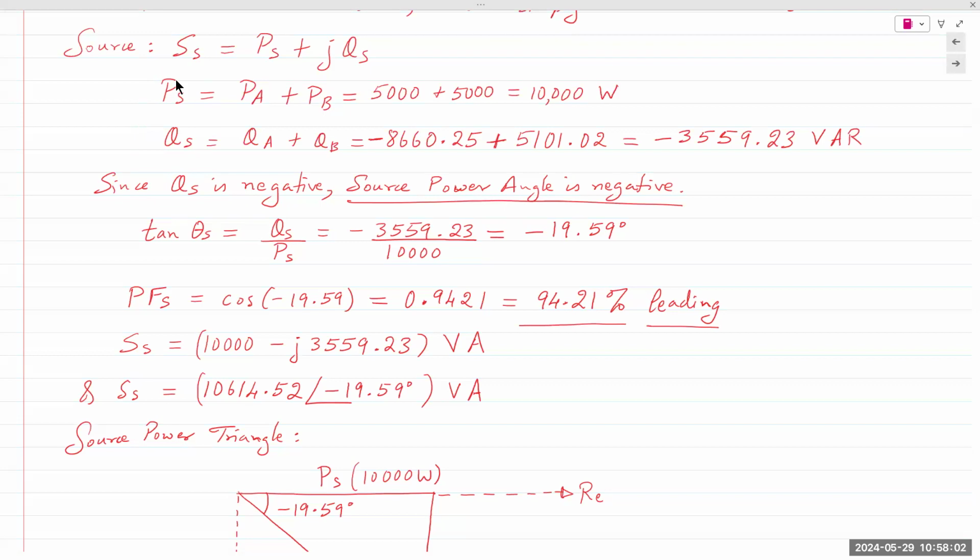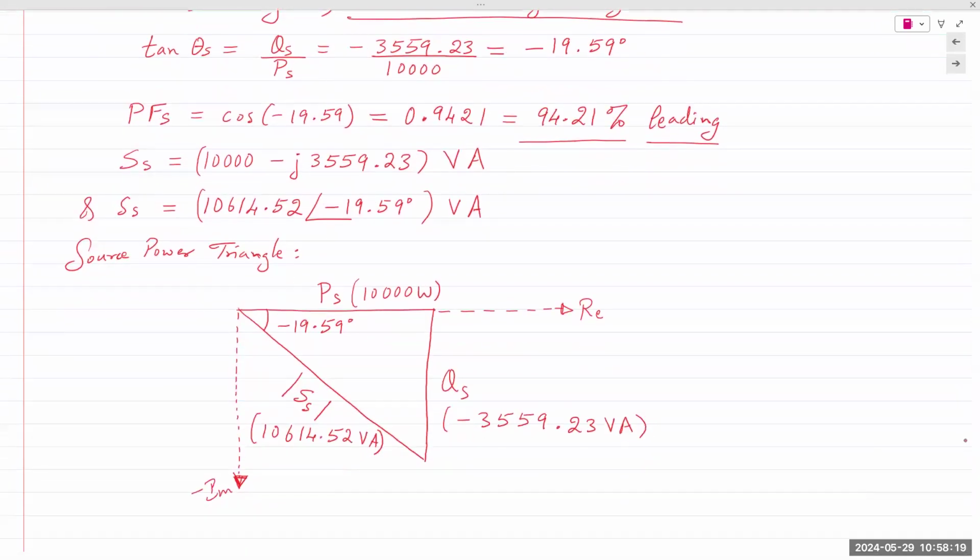So we also need the angle theta for the source. And that we can find directly from Q and P. Right? Tan theta is Q over P. You find that power angle, minus 19, meaning it is pointing down. Minus 19, pointing straight down.